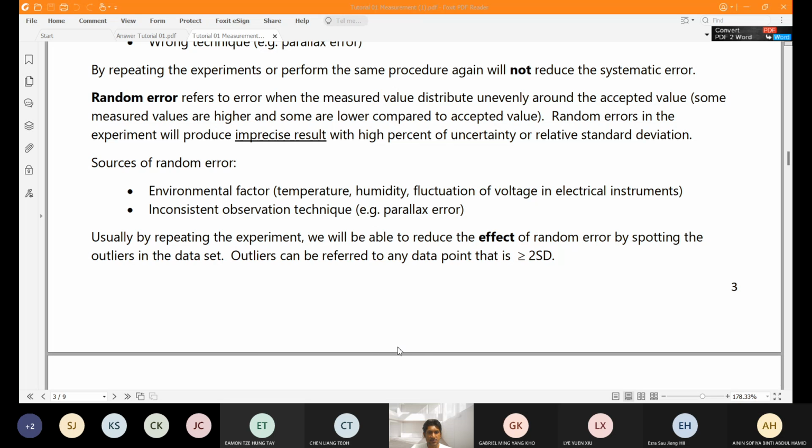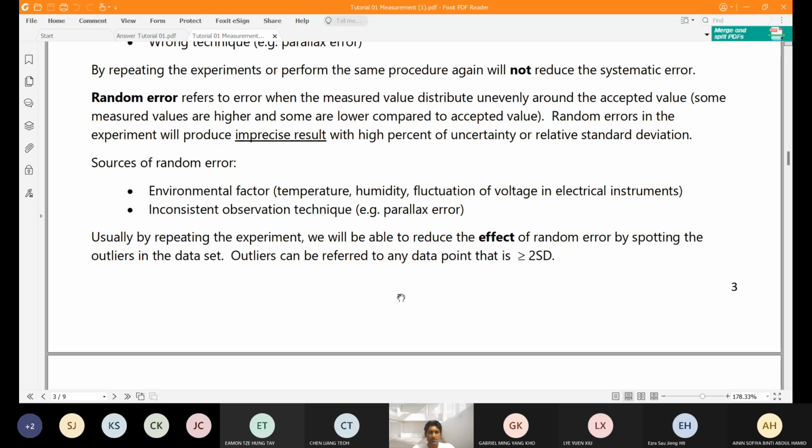Parallax, incorrect eye position relative to the scale reading. Yes, good. Or the level of the graduation for a pipette or burette, whatever. Your eyes are not at the same horizontal level as the surface of the material you are measuring, so that is called parallax error.